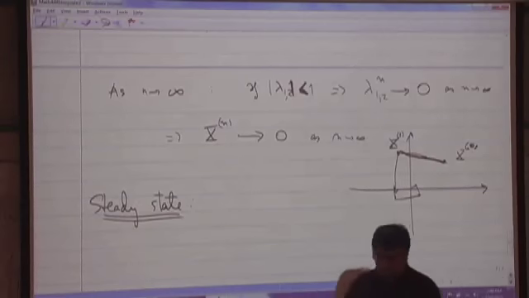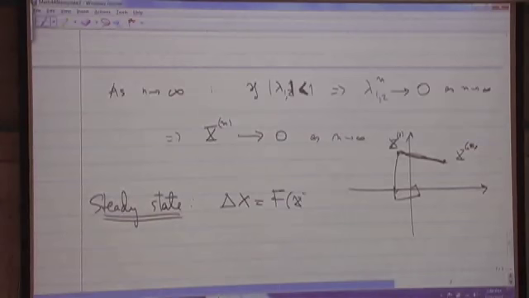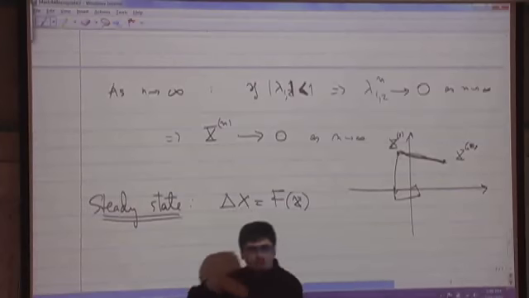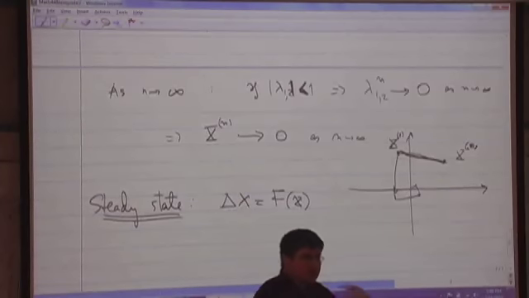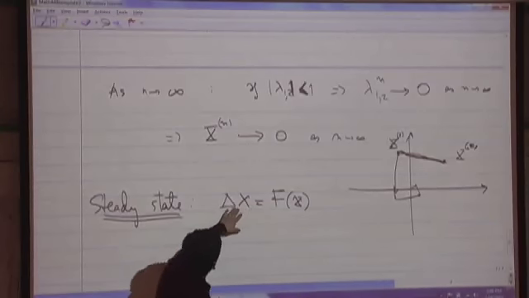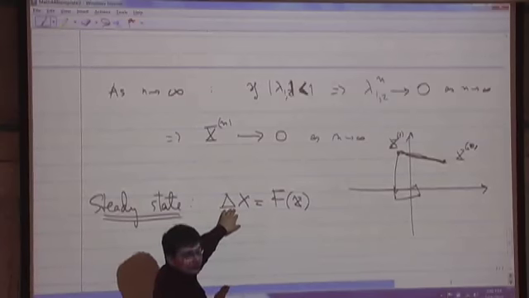What is the steady state of this system? Well, unfortunately you have to go back and forth between the original system, which has a change in x, and the iteration system. So the easiest is to think, what is a steady state for this dynamical system?